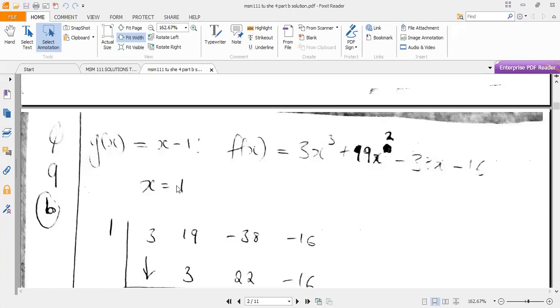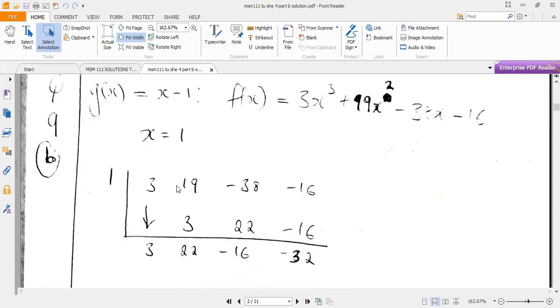Now the question specified to use synthetic division. So you come here. For question 9b, the coefficient for the first term is 3, you put 3 there. There it's 19, you put 19. There it's negative 38, you put negative 38.